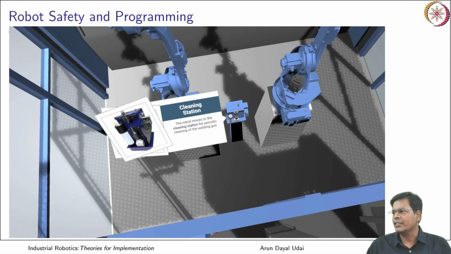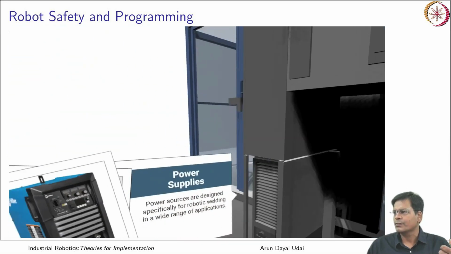Finally, you have a cleaning station. This is specific to a welding robot, where a robot moves to the cleaning station for periodic cleaning of the welding gun. But it can be a tool maintenance station also, where you can have a spot welding gun getting cleaned or a painting gun getting refilled. This is right inside the cage.